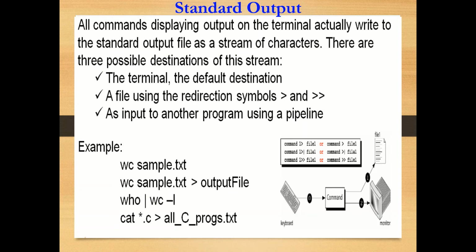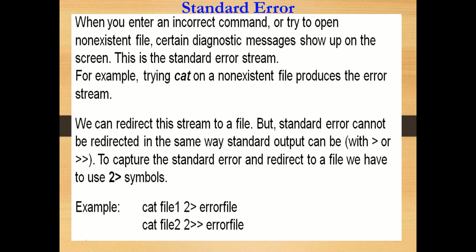The third one is the standard error file. When you enter an incorrect command or try to open a non-existing file, a diagnostic message shows up on the screen. This is the standard error stream. For example, trying cat on a non-existing file produces an error stream.